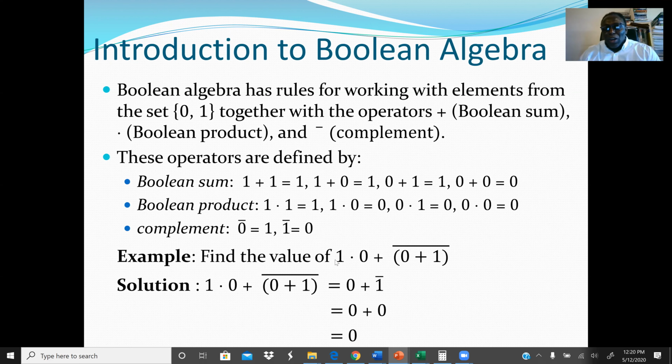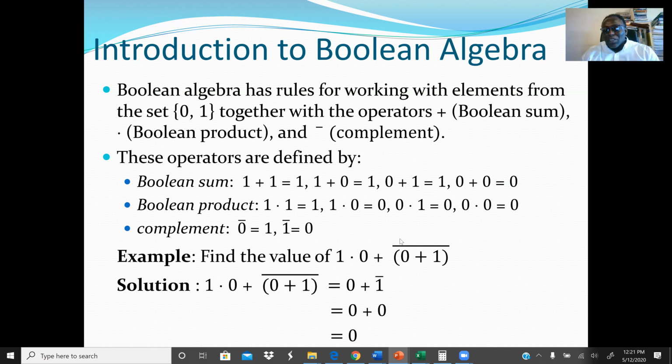They say we should find the value of 1 times 0 plus (0 plus 1 complement). The first thing I'm going to do is the parentheses. So 0 plus 1 will give me 1. We have the rule here, 0 plus 1 is 1. And remember, what does the complement of 1 give me? 0. The complement of 1 is 0.